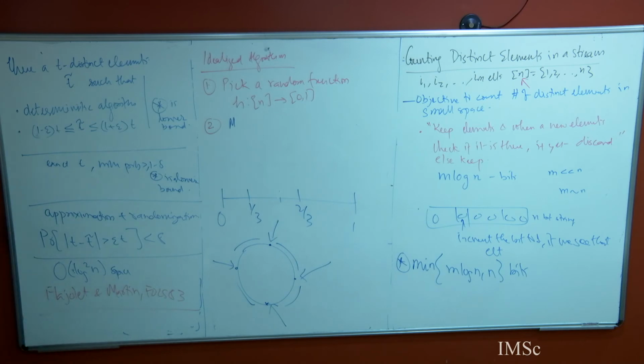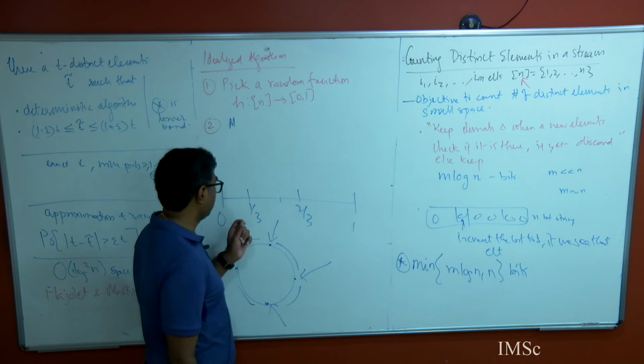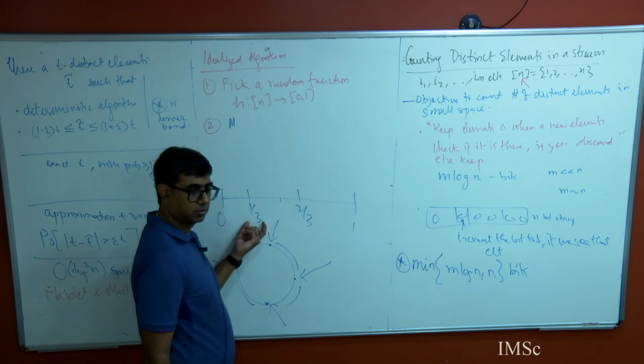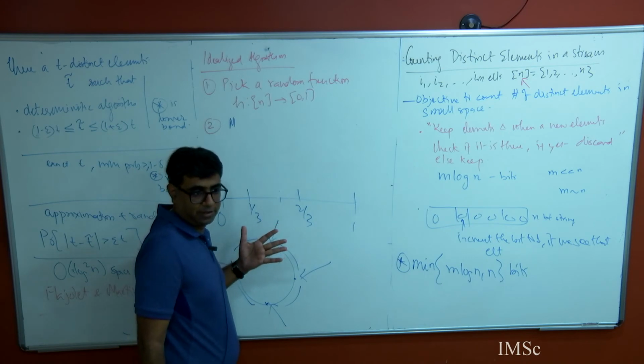Just suppose, idealistically, I had two elements, then where will I be mapping my first element? At 1/3. That tells me the number of elements roughly.